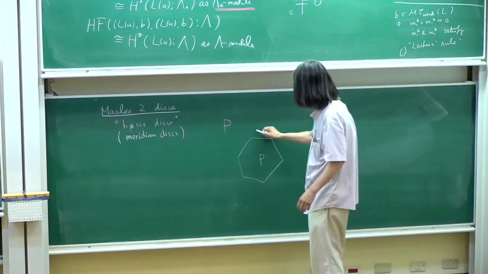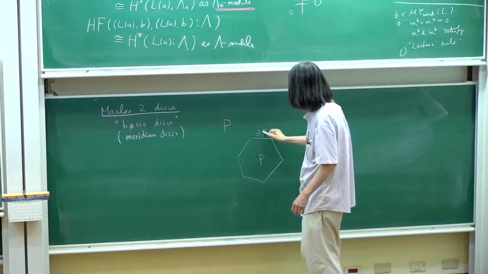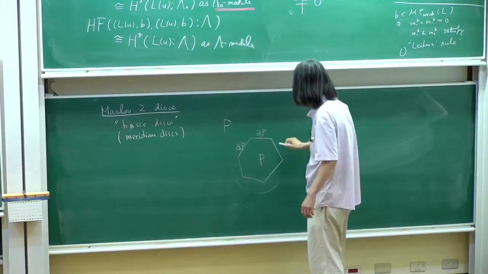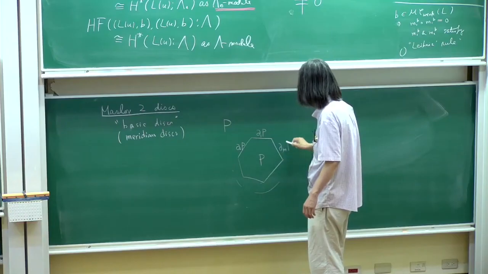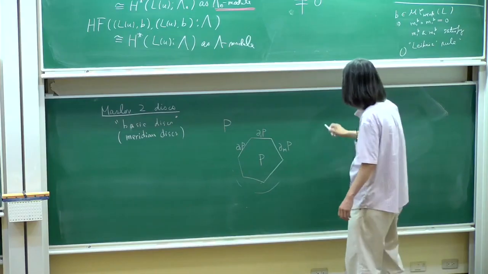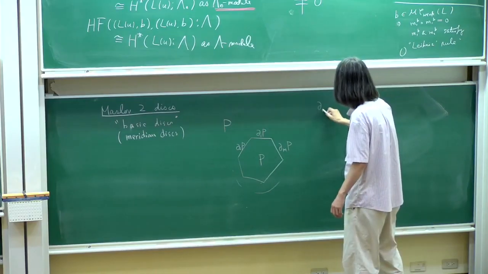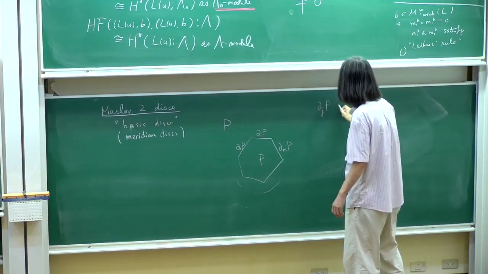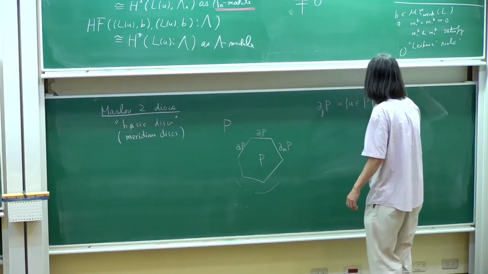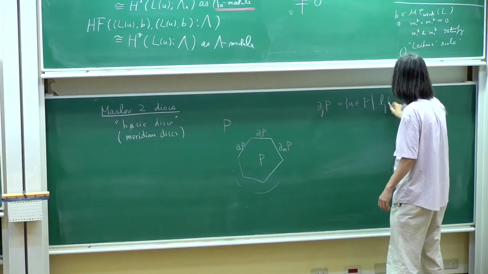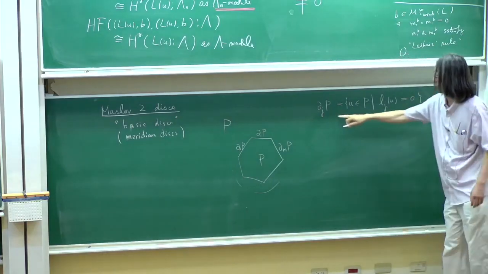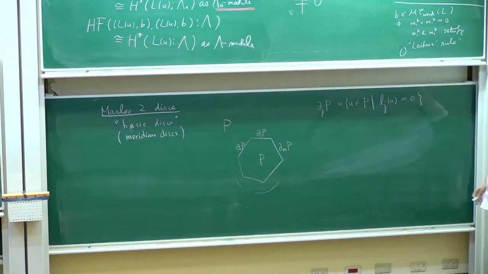So maybe I just write D1P and D2P, DjP. Because DjP is the set of points in P such that Lj of u is equal to zero. Right? So this j is just a facet.